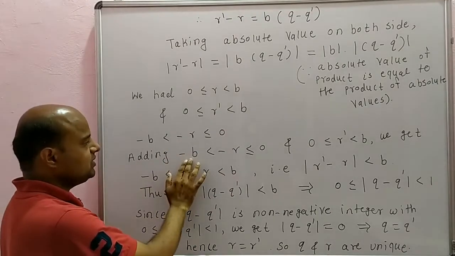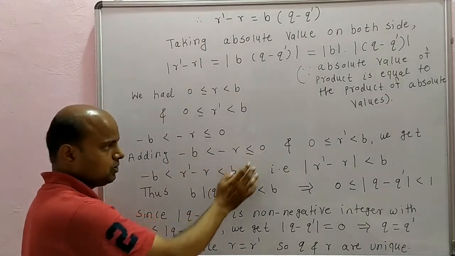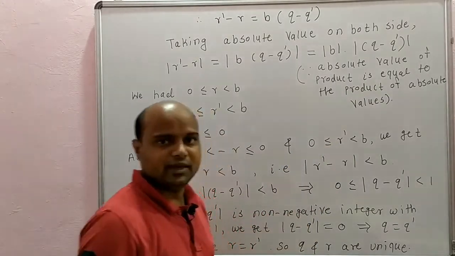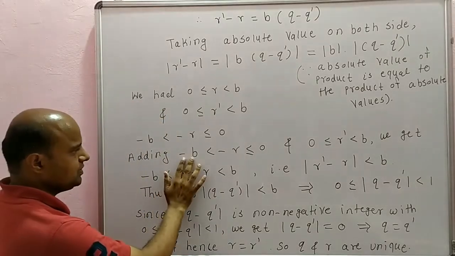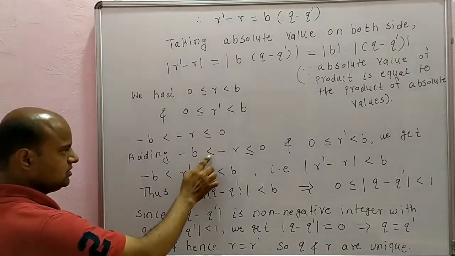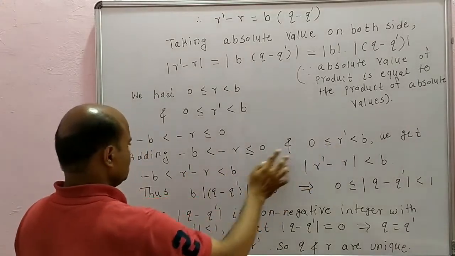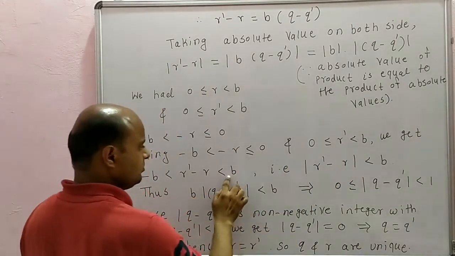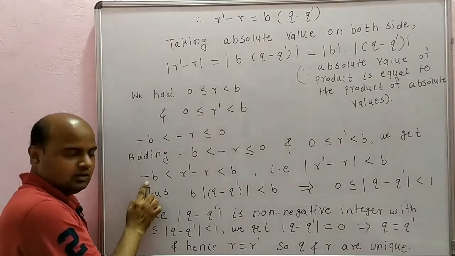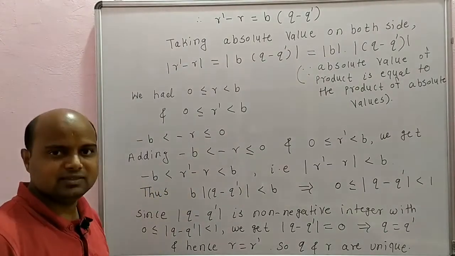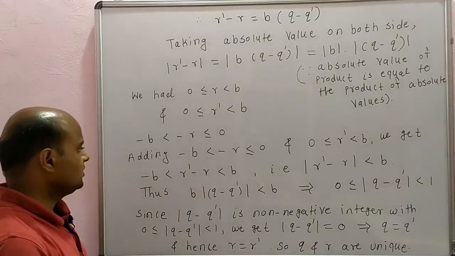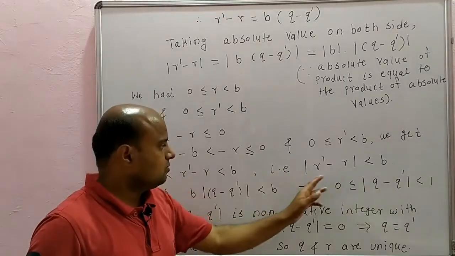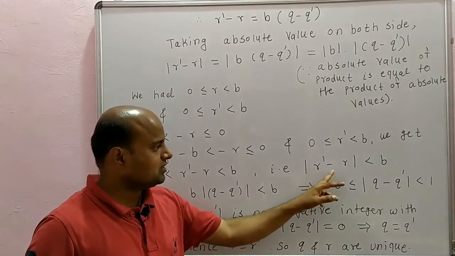Adding −B < −R ≤ 0 and 0 ≤ R' < B, we get −B + 0 < R' − R < 0 + B, that is, −B < R' − R < B. That is, the absolute value of R' − R is strictly less than B.